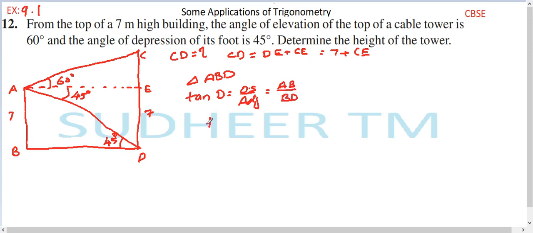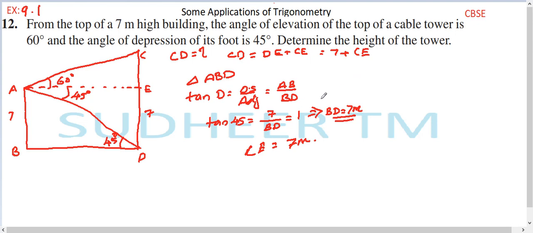Tan 45 is equal to AB, 7, divided by BD. Tan value of 45 is 1, which gives BD is equal to 7 meters. That means BD is equal to 7. CE is also 7 meters.